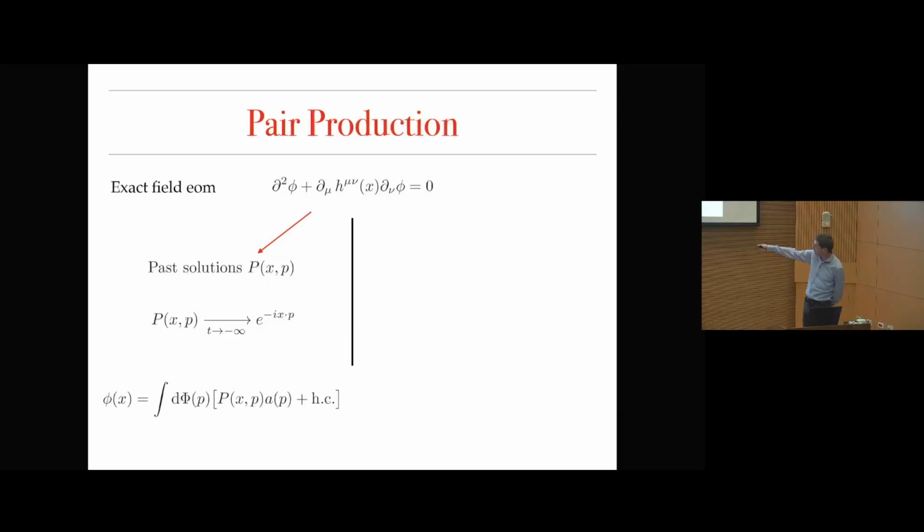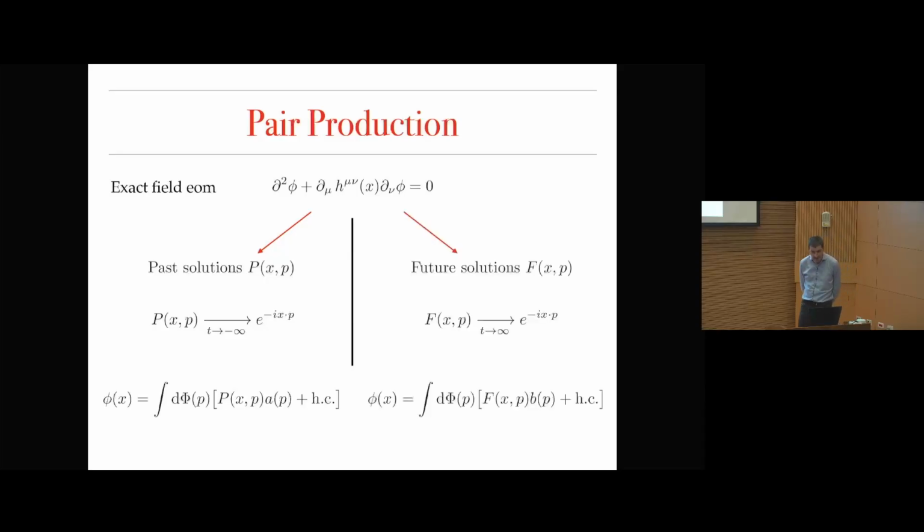There's the same integral over P because these states are parameterized by the on-shell data in the far past. Here are the mode functions, these P's, and the appropriate operator to put there is the annihilation operator in the far past, because as t goes to minus infinity, this thing becomes e to the minus i p dot x. We can do exactly the same thing in the future.